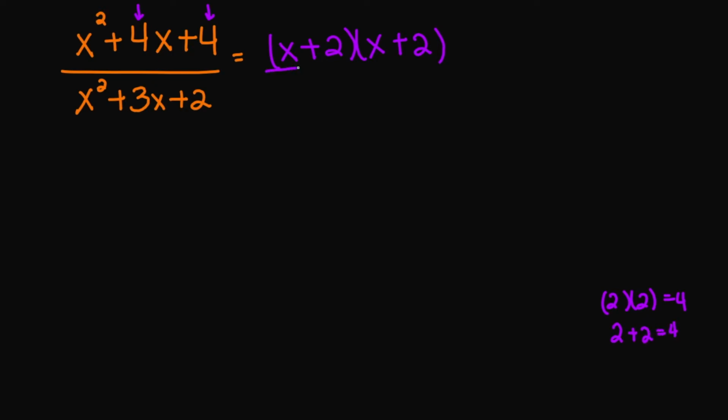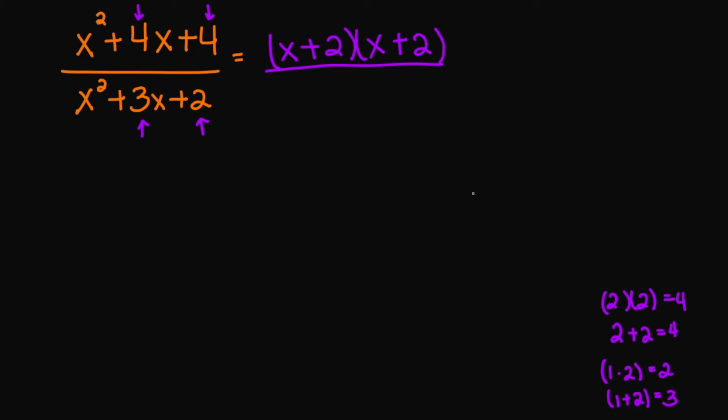Let's look at my denominator now. I need two numbers that, when I multiply, give me a positive 2. Those same two numbers, when I add, have to give me a positive 3. And that's going to be the numbers 1 and 2. Because if I multiply 1 times 2, this is going to give me 2. And if I add 1 plus 2, this is going to give me 3.